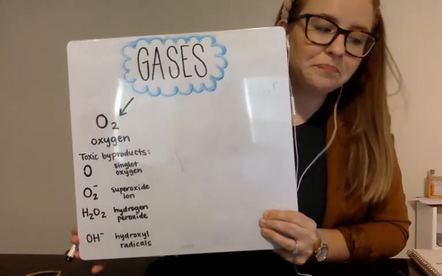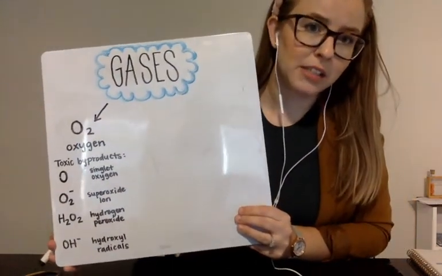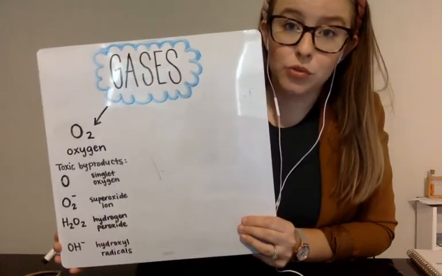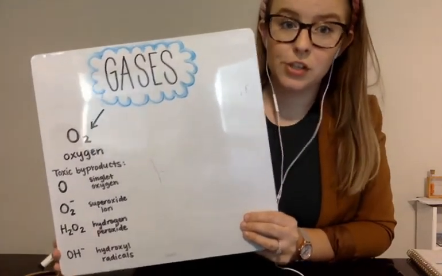Okay, so let's go over how these are actually processed in cells that are able to use oxygen and still function. Typically, in the presence of oxygen, you're going to have superoxide ions created, so we'll write that down as O2 minus. Another product we'll have in our cells is hydrogen ions, abbreviated H plus.